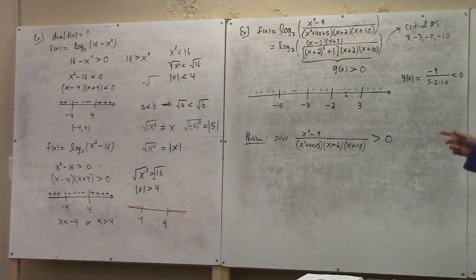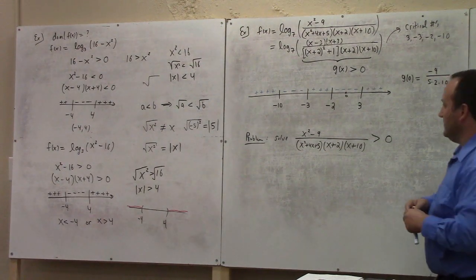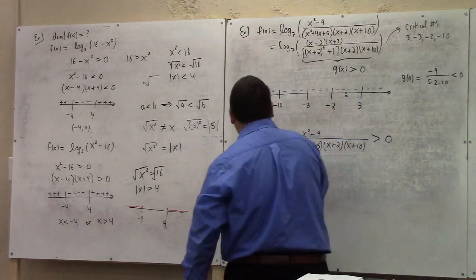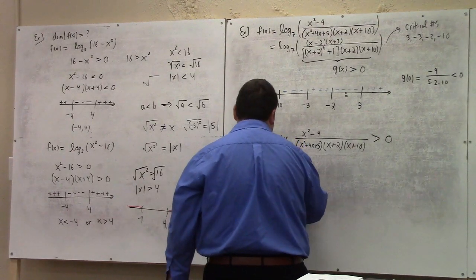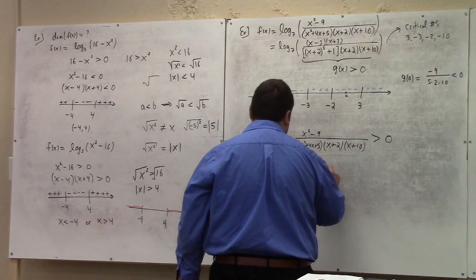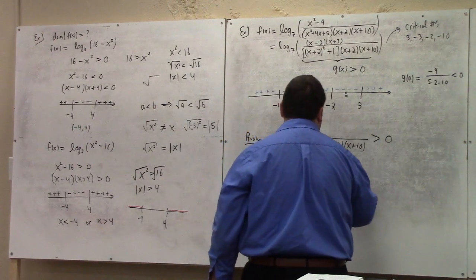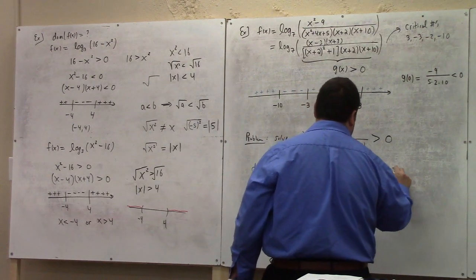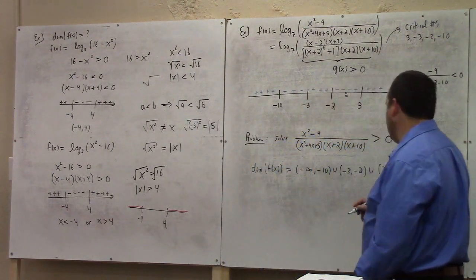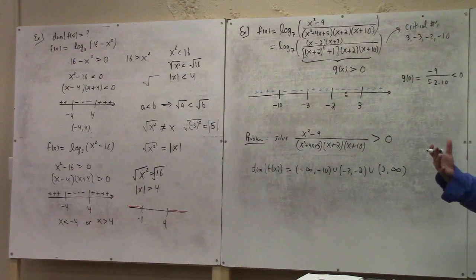Okay, so greater than 0. I mean, apparently it's kind of complicated, right? But it's the domain of this f. Right. And in this context, we don't include the endpoints because we cannot allow 0 to enter the logarithm.